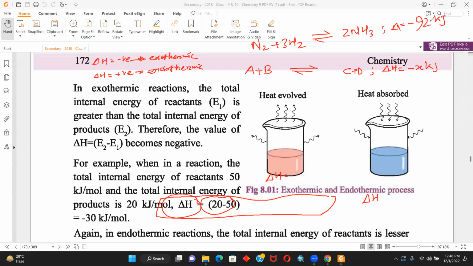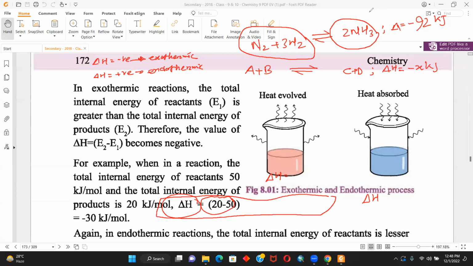You will be given all the information. So in an exothermic reaction, the total internal energy of reactants is greater than the total internal energy of the products. So N2 plus 3H2 has a summation of internal energy, a total internal energy, right? And also this 2NH3 has an internal energy, right?